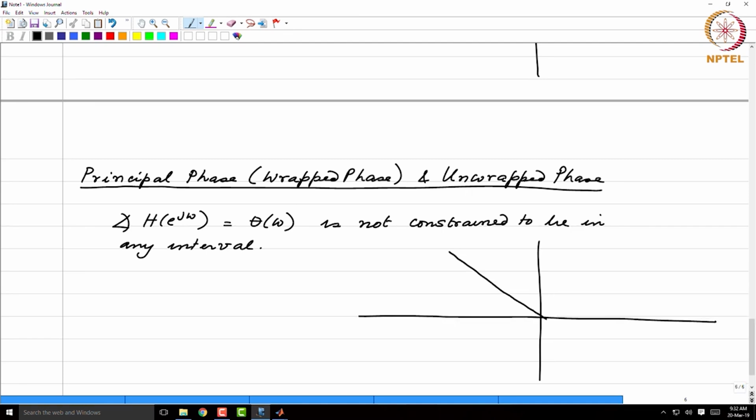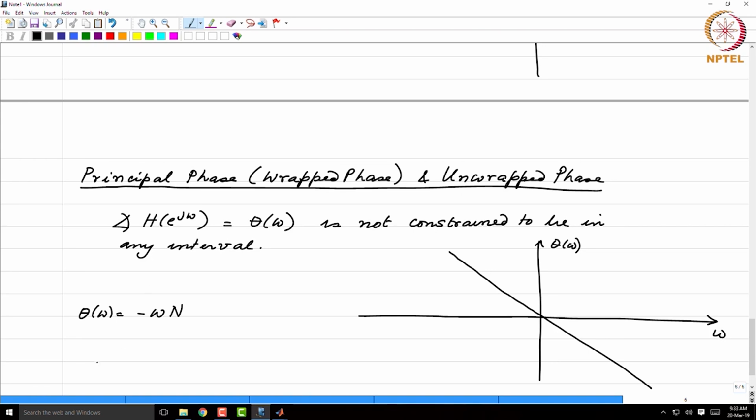There we saw that the phase angle was minus omega N, because it was e to the minus j omega N times sin of (2N plus 1) omega by 2 over sin omega by 2. Therefore, theta of omega was minus omega times capital N. Therefore, if you plot theta of omega versus omega, this is the plot you will get.